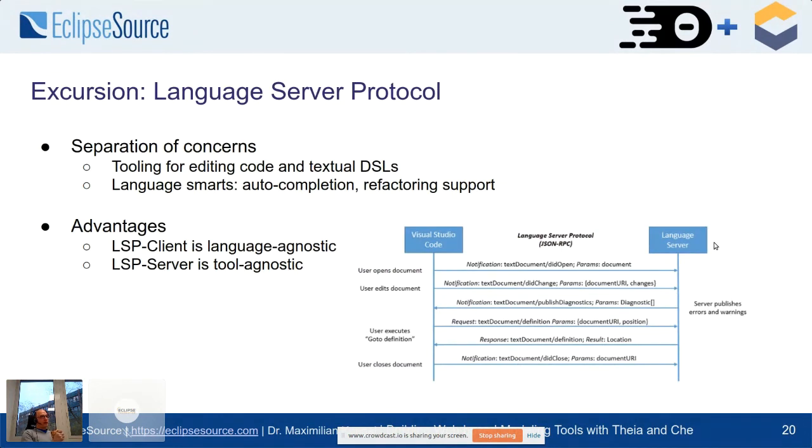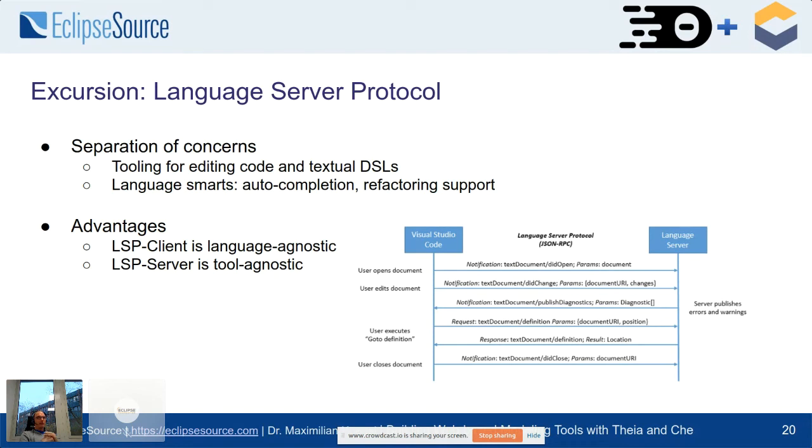So before I dive into the details, just a quick reminder of what the language server protocol is, maybe with a little bit more detailed example. The general idea was that you separate the concerns of tooling for editing code and the actual language smarts, so that you could build an editor that is not language aware, but that can nicely syntax color code, do refactorings, run auto completions and the like.